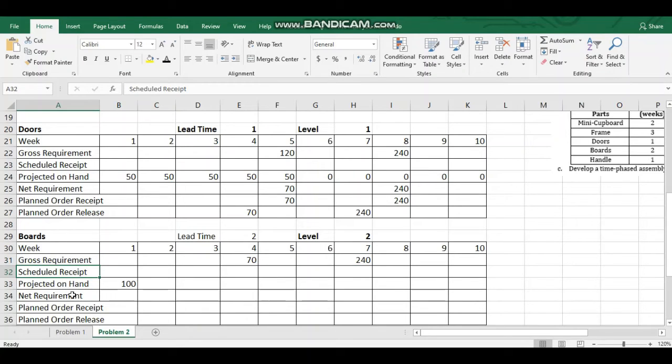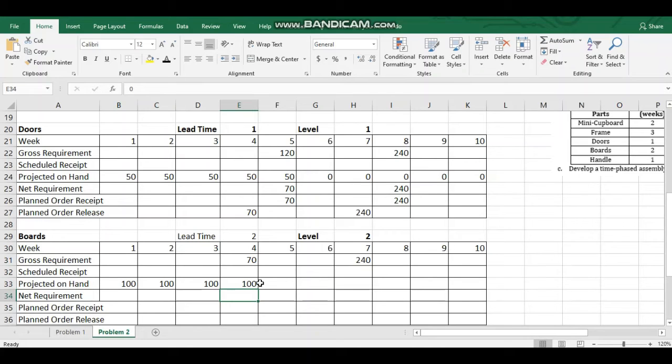There's no scheduled receipt, and there is no requirement until week 4. So the projected on hand will be carried until week 4. And we see that our requirement is only 70 while our inventory is 100, so we don't need any net requirement.